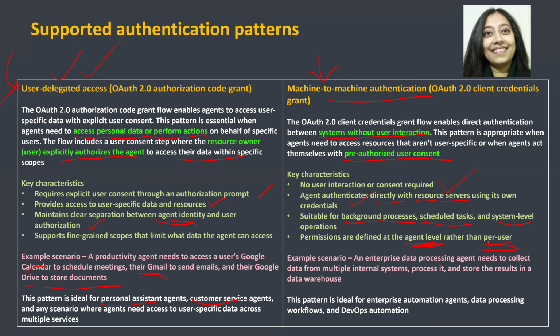Let's say you want to create a data processing agent that needs to collect data from multiple internal systems, process it, and store it in a data warehouse. So some of the ideal agents to use this pattern are enterprise automation agents, data processing workflows, and DevOps automation. Basically, machine-to-machine authentication or interaction.